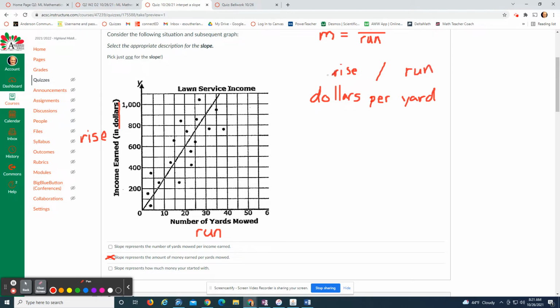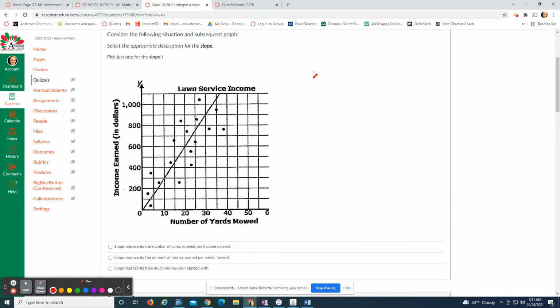And so if I use rise, I could always do this as title of the Y. So it's always going to be the title of the Y and then use the word per title of the X. What do you think?